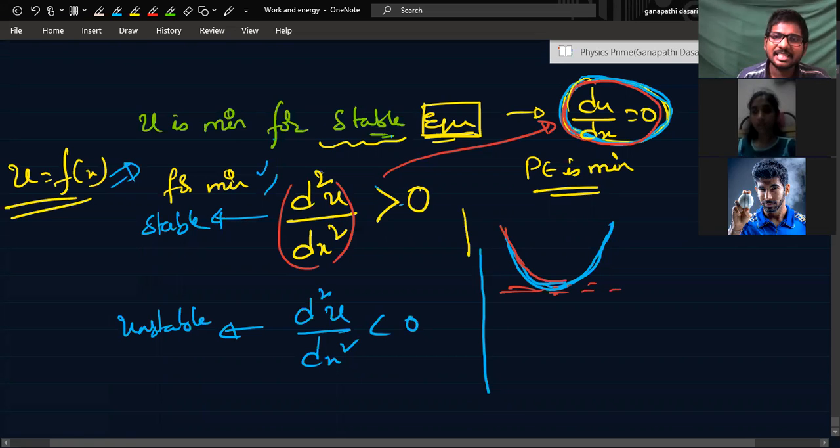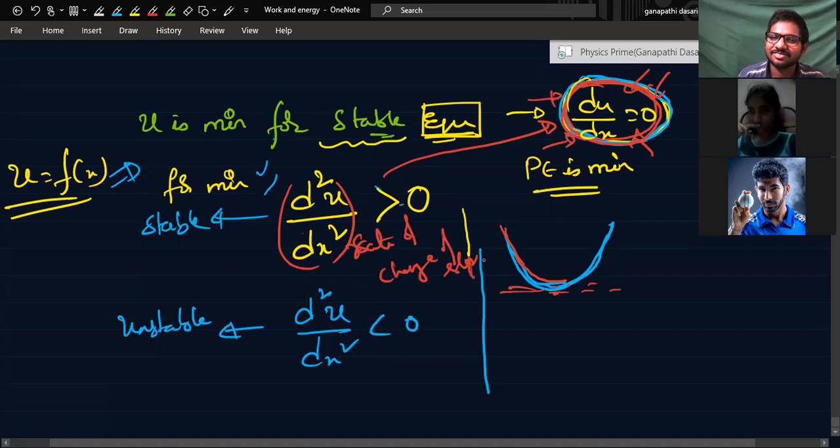The first derivative is nothing but the slope, and the second is the rate of change of slope. Got it? See, at this point, just before the minimum, the slope is like this.